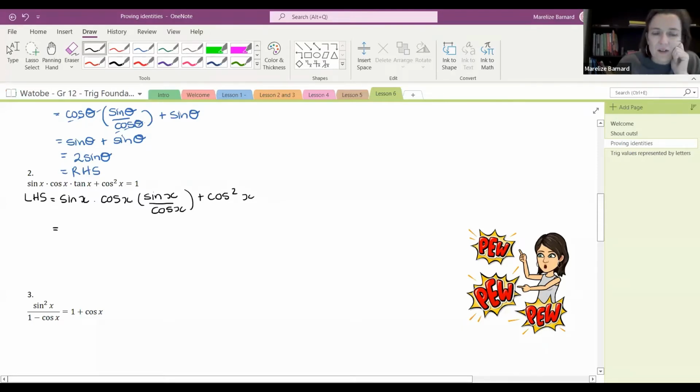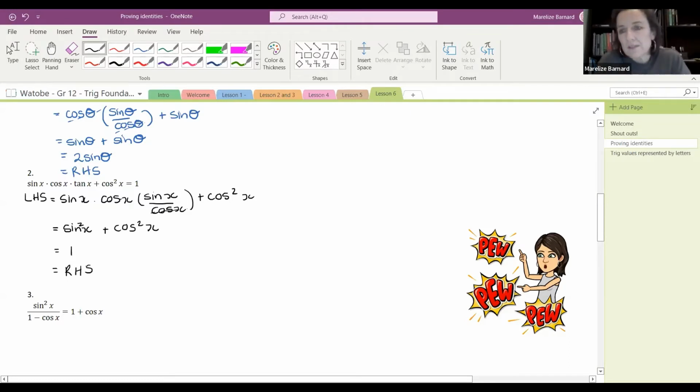And cos x times sin x over cos x can cancel out. That leaves us with sin x times sin x. So that is sin squared x plus cos squared x, which is equal to 1. And that is equal to the right-hand side.